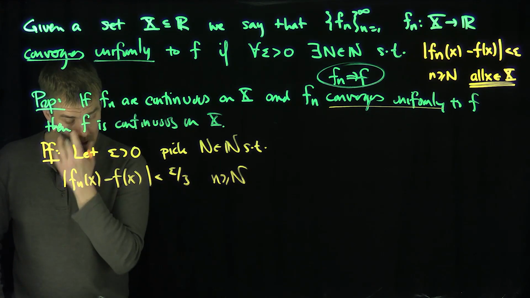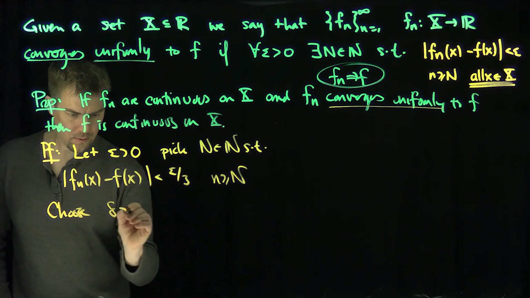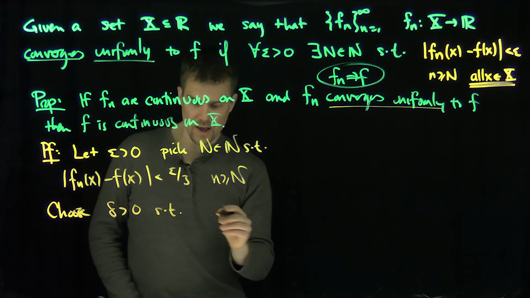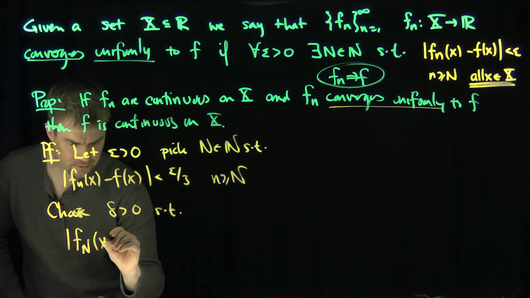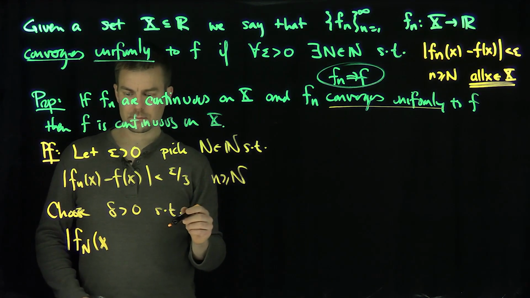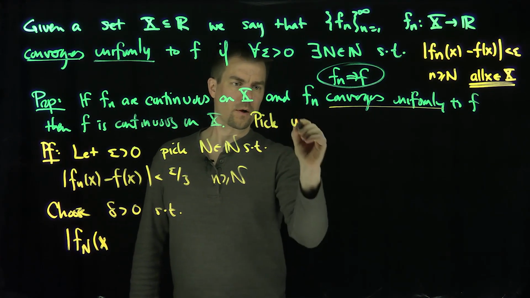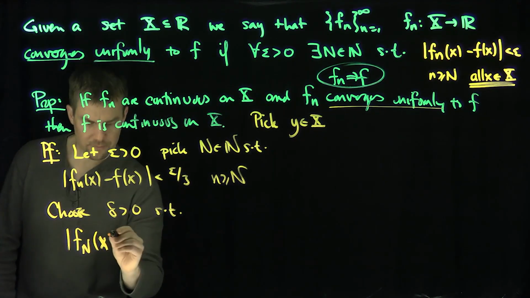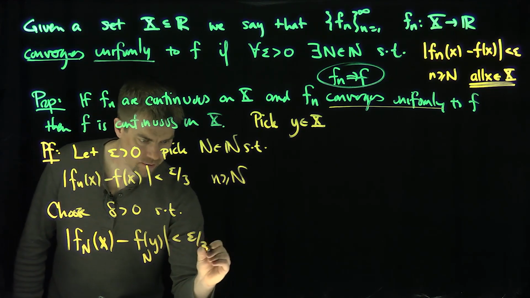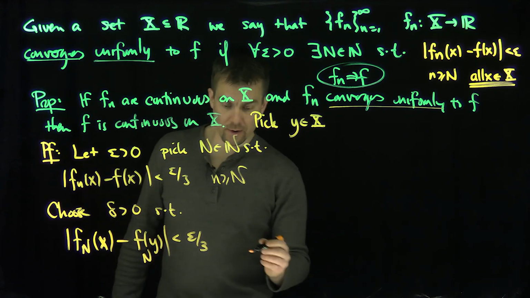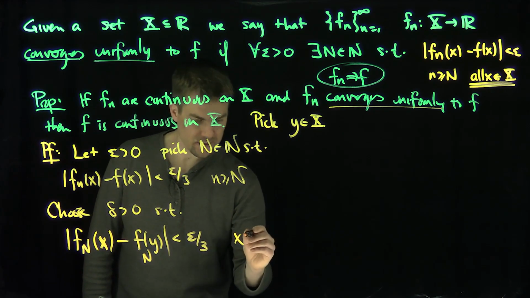So we can choose delta such that, let's pick a point y in X, |F_N(x) - F_N(y)| can be made less than epsilon over 3 if x is in the neighborhood of y, in other words, for all x with |x - y| less than delta.